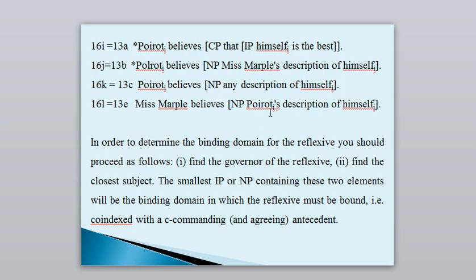Again, look, this is the closest subject of the reflexive, and the smallest IP or NP containing these two elements will be the binding domain in which the reflexive must be bound, which means co-indexed with a c-commanding antecedent. You see here, this is the domain. For example, this NP is the domain of the binding of the reflexive himself. So this is the explanation of the reflexive pronoun.